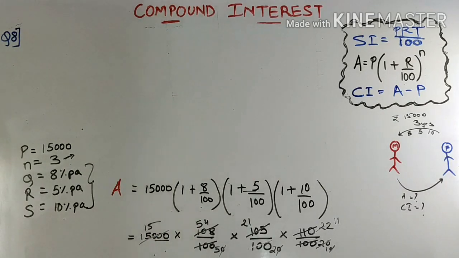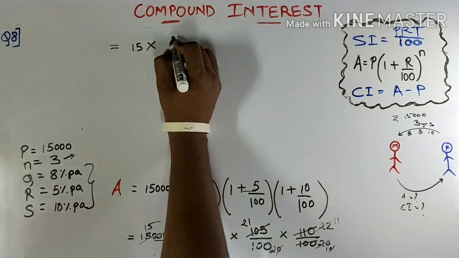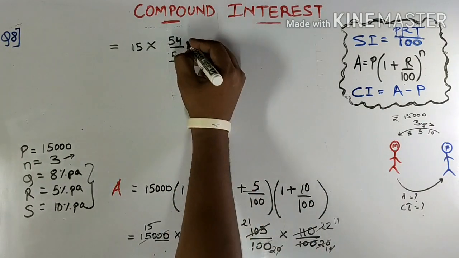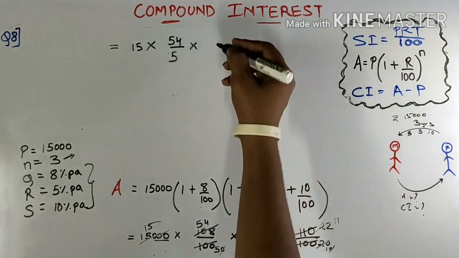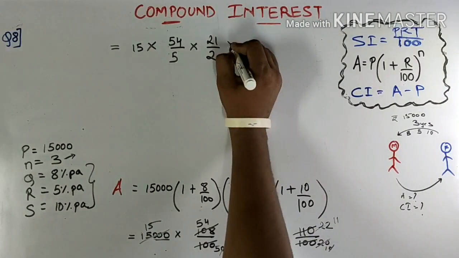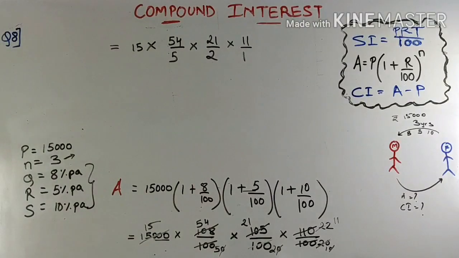So what I am left with is 15 multiplied by 54 upon 5 multiplied by 21 upon 2 multiplied by 11 upon 1. There's no need to write that 1, just to know what the denominator is over here.